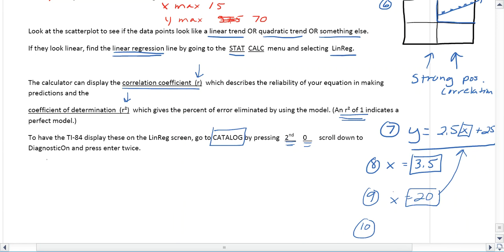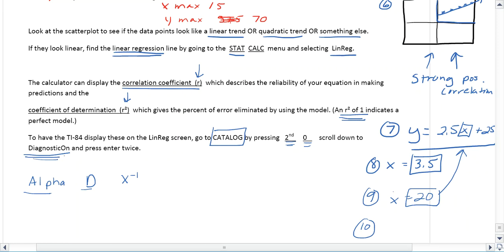We want to get down to diagnostics on, which starts with a D. If you want to skip in that long list to the D's, you can hit alpha D, which is the green key, and the key that looks like an x to the -1 because it has a green D above it. If you hit alpha D twice, I don't know why you have to hit it twice, you do. It jumps to the D's in this list.